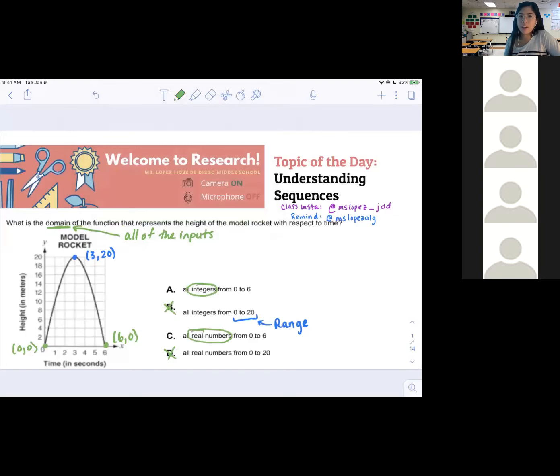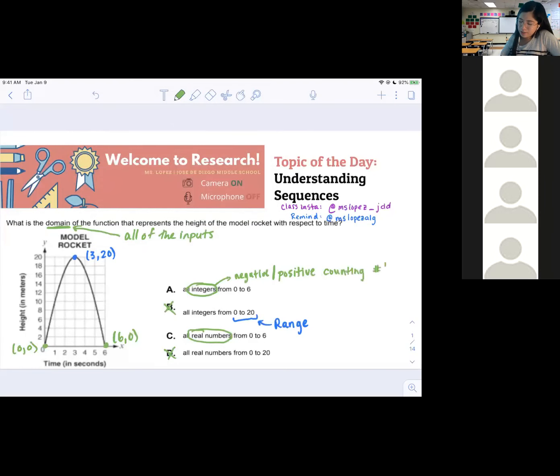Who can remind me, what is an integer? We did this yesterday. A negative or positive number. Negative or positive, and there's one more specific thing about it. Who remembers? Counting numbers. You got it.